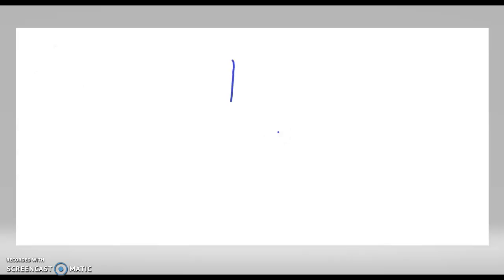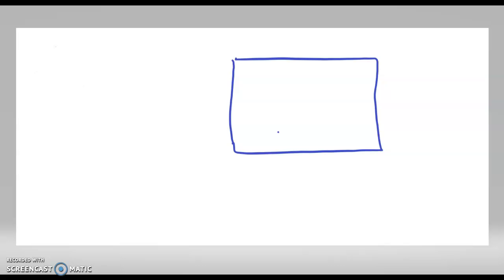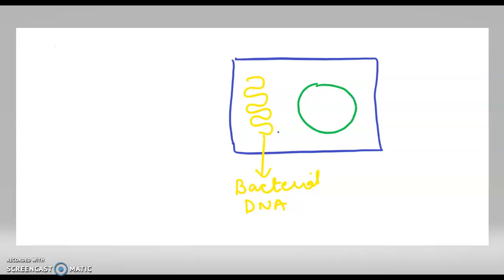Now suppose this is a bacterial cell. Inside this bacterial cell, this is the bacterial DNA, and along with this, a plasmid is present inside.